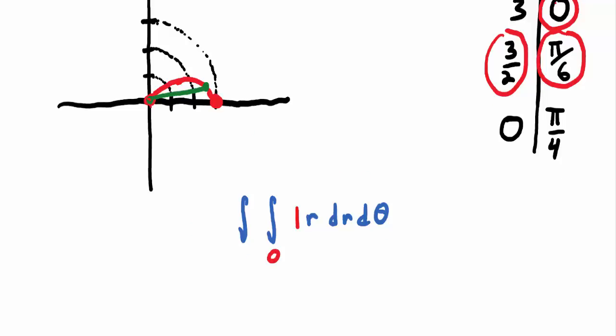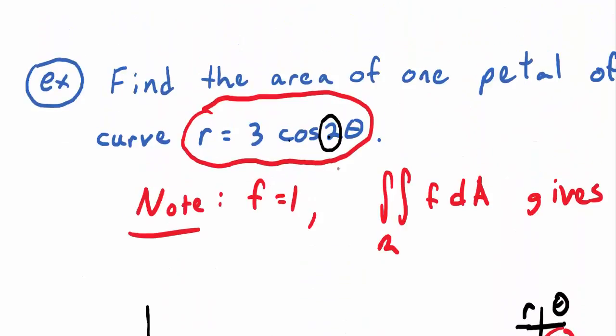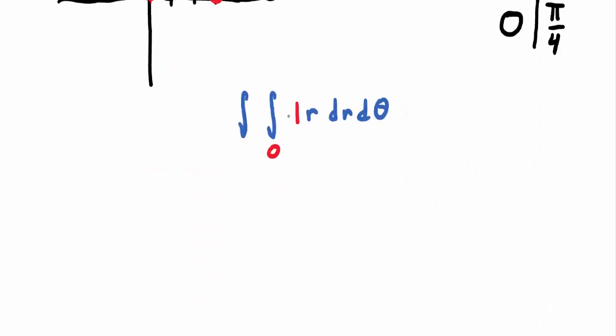It's the function value, isn't it? Which is, and remember we have to multiply by 2, and I'll do that in a second, 3 cosine 2 theta. So the upper limit of integration is 3 cosine 2 theta. I'm going to multiply the whole thing by 2 because if I don't, I'll only have the area of half of it.